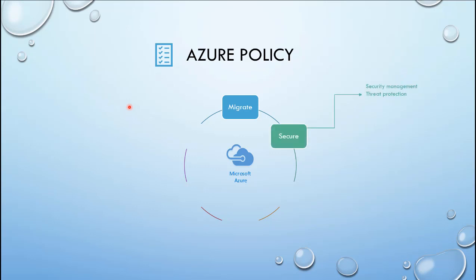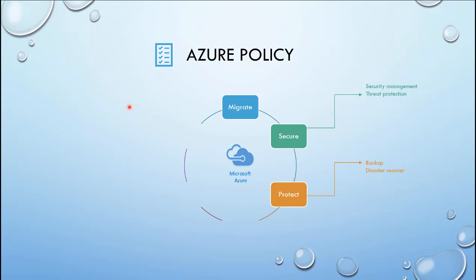The second area is called the Azure Secure area. This area deals with services that manage the security of resources and data in Azure. The so-called Azure Security Center does that, specifically dealing only with security management and threat protection. The third area that Azure does really well and focuses on is protect.